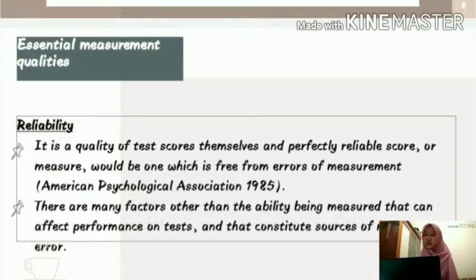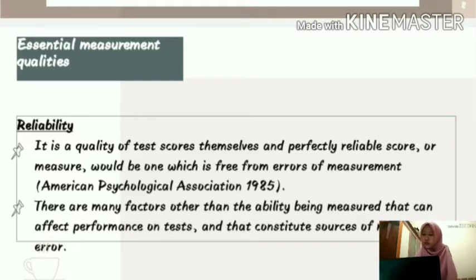American Psychological Association, 1985. And then there are many factors other than the ability being measured that can affect performance on a test, and that constitute sources of measurement error.